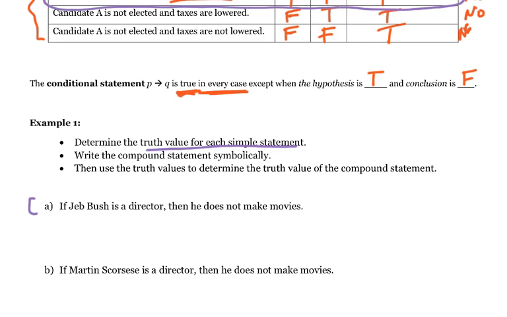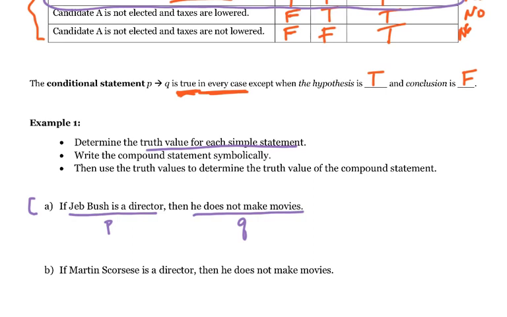My simple statements are, we're going to call this one P: Jeb Bush is a director. He does not make movies is going to be our Q. If you wanted to, you could say he makes movies is Q, and then he does not make movies is not Q, but I'm just going to make the whole statement, he does not make movies, our Q statement.